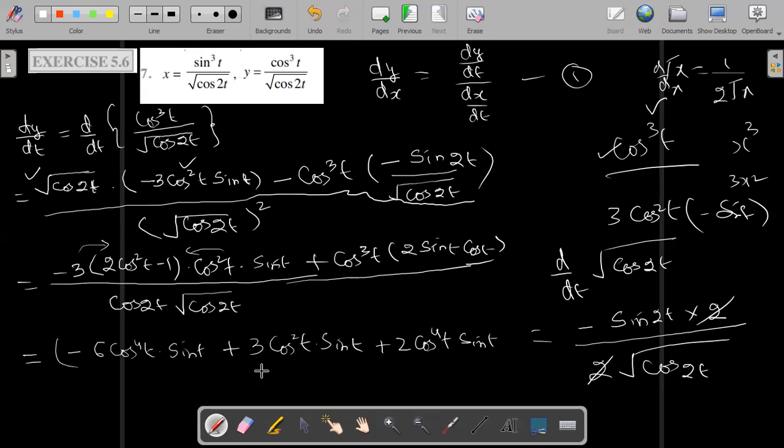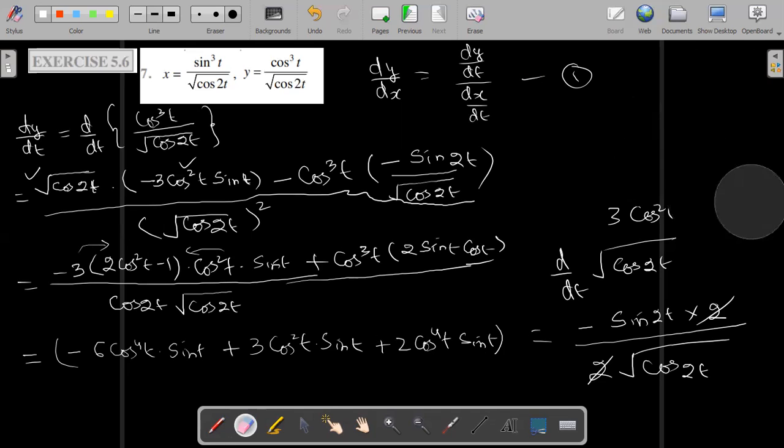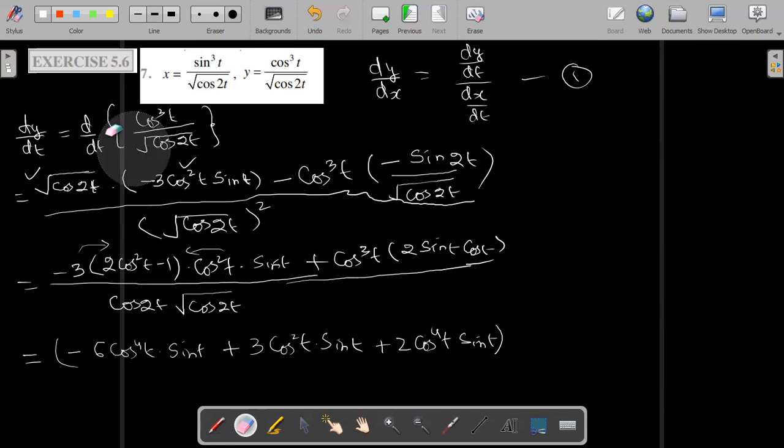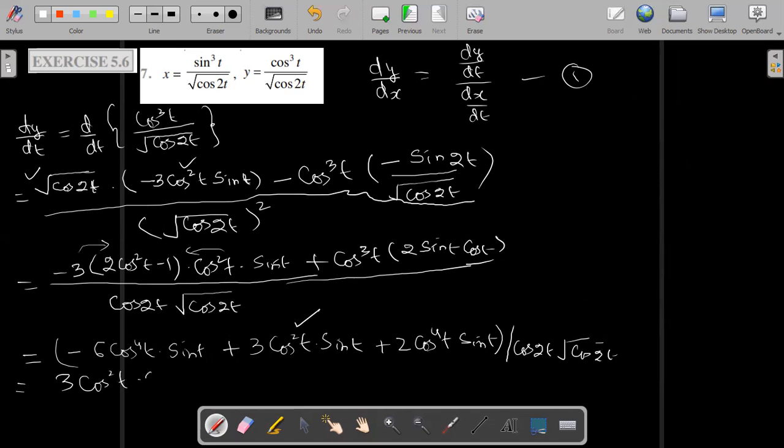And the denominator is as it is. The denominator is not changing. The denominator is cos 2t under root cos 2t. Now you can see this is positive. We can write first this term 3 cos square t sin t. Then these two are like terms, minus 6 and minus 2.